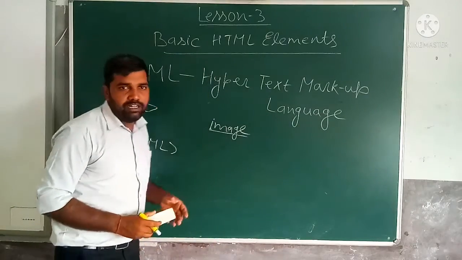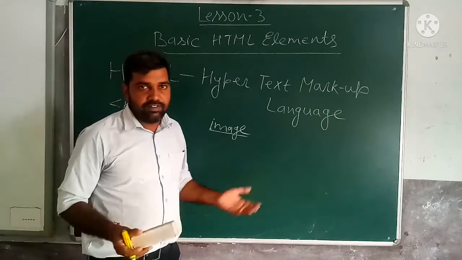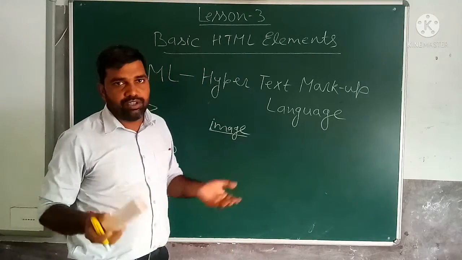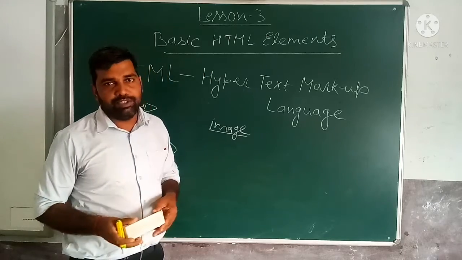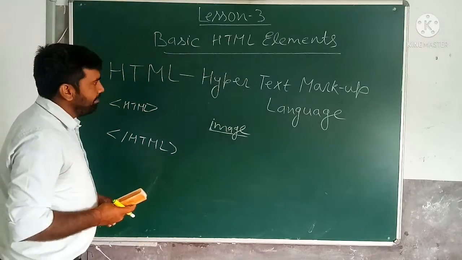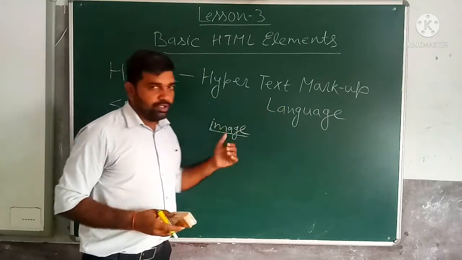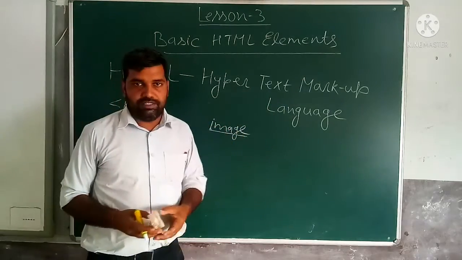We will discuss in detail about the websites and web pages and about the clients and servers, how all the information is stored on the servers and how we access the information from the server. So HTML is the hypertext markup language, and to read the HTML codes, HTML files, we need the web browsers.